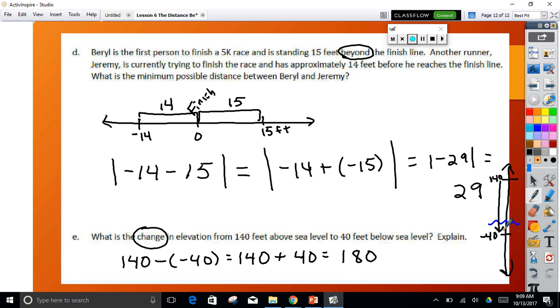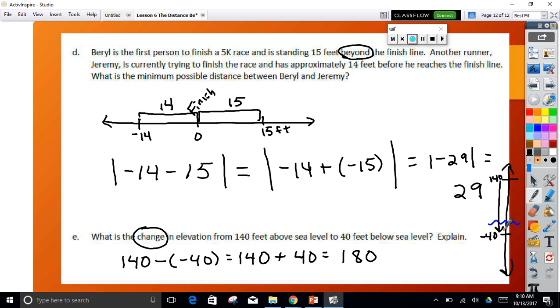So we want our answer to be negative. Technically, you should have done negative 40 minus 140, and then you would have gotten an answer of negative 180. But sometimes it is hard to decide which way to subtract. It doesn't really matter which way you subtract it, because you're going to get 180 regardless. But then think at the end, what happened? Did it change from lower to higher, or from higher to lower?